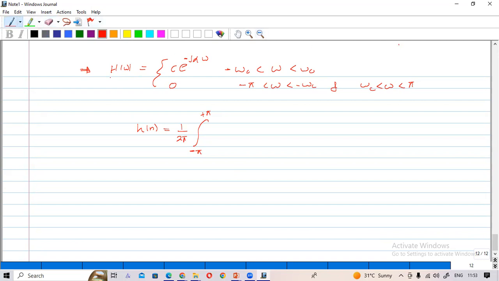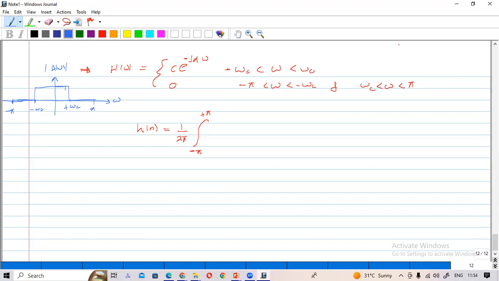So your H omega looks something like this. If I draw the magnitude, between minus omega c and plus omega c the gain is 1, and elsewhere between minus pi and plus pi the gain is 0.